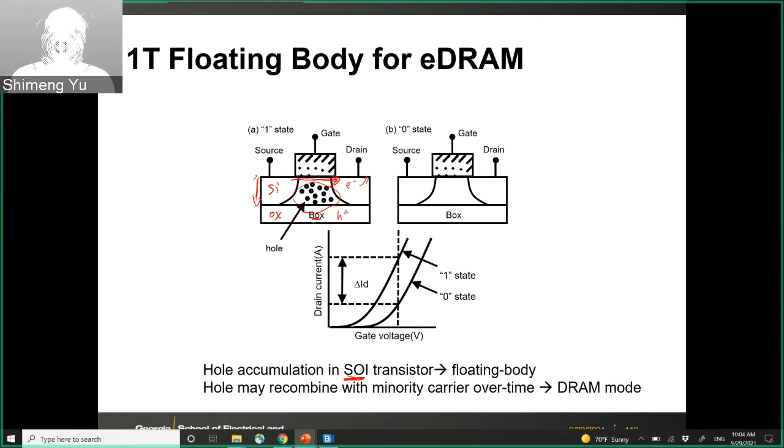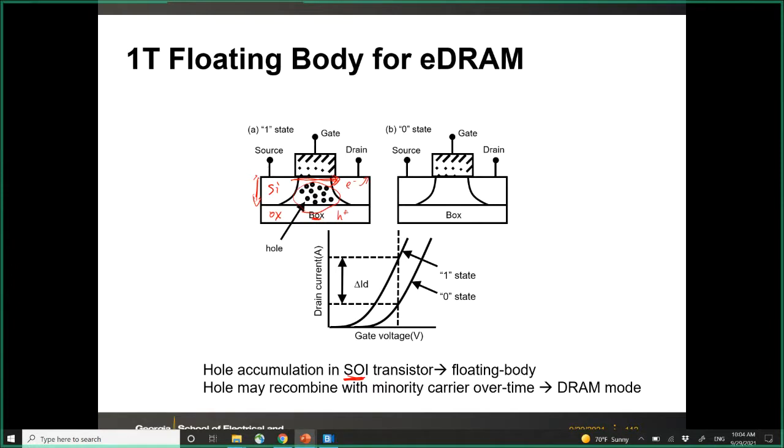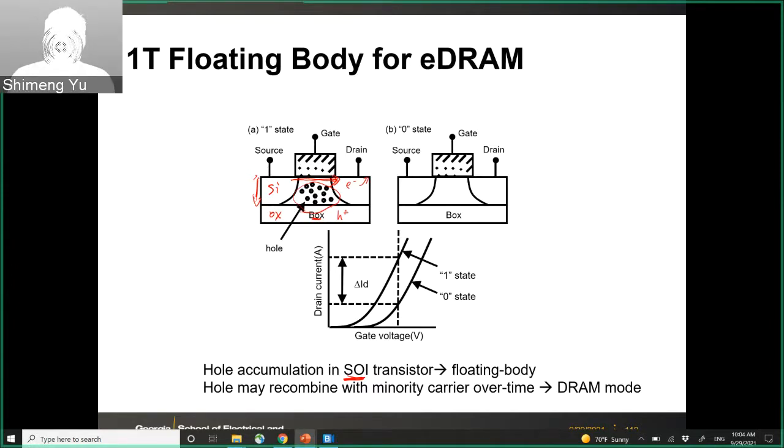And we discussed before, if it's a bulk process, the holes will try to sink to the ground. Typically, the body is ground. But in the SOI, because the body here is insulator, the holes will have nowhere to go. Therefore, the holes will be accumulated in this region, so the channel potential is raised up. If you write the data in, it's like you generate the holes, and holes will be accumulated in this region.